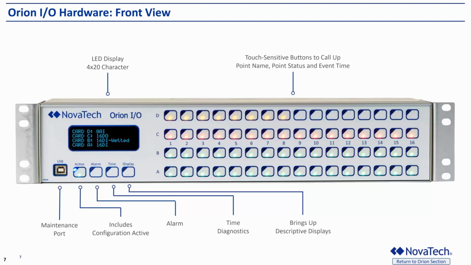If you hit that same display button a third time, a user could view user-defined details, like for example, an IP address of the Orion I/O or maybe the DNP address. So you have some flexibility there. Hitting it the fourth time allows the user to do a quick LED test just to make sure all the LEDs on the Orion I/O are functional.